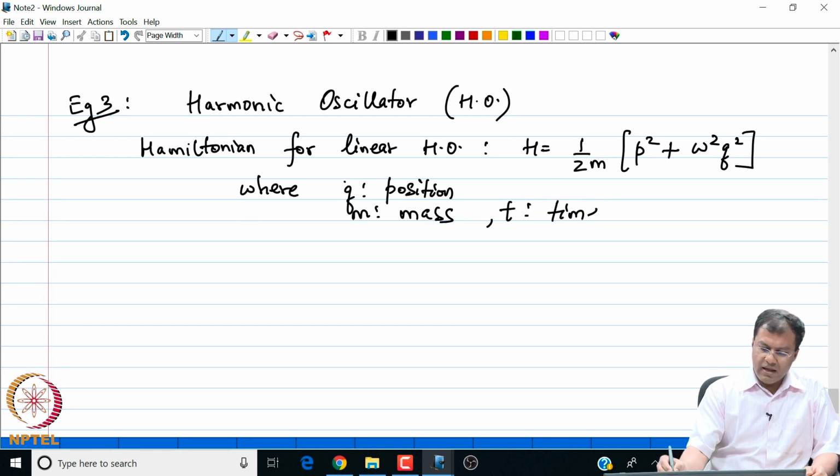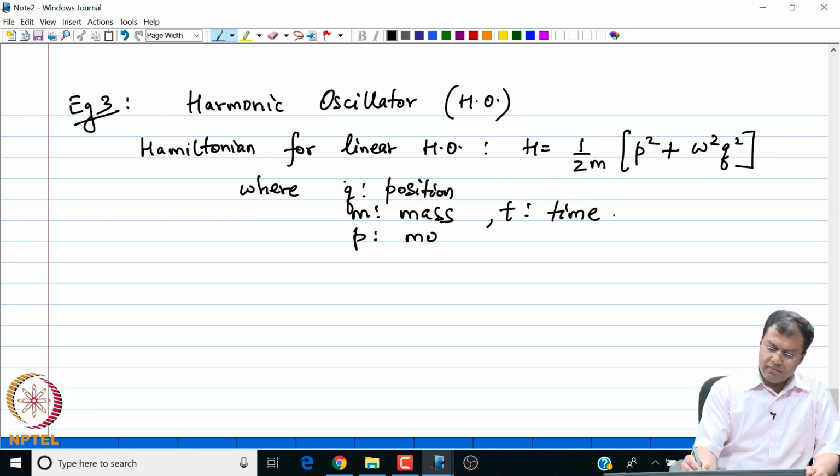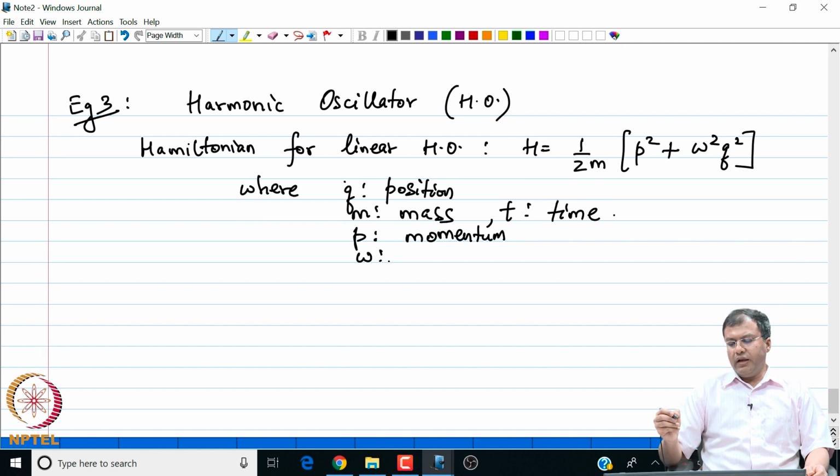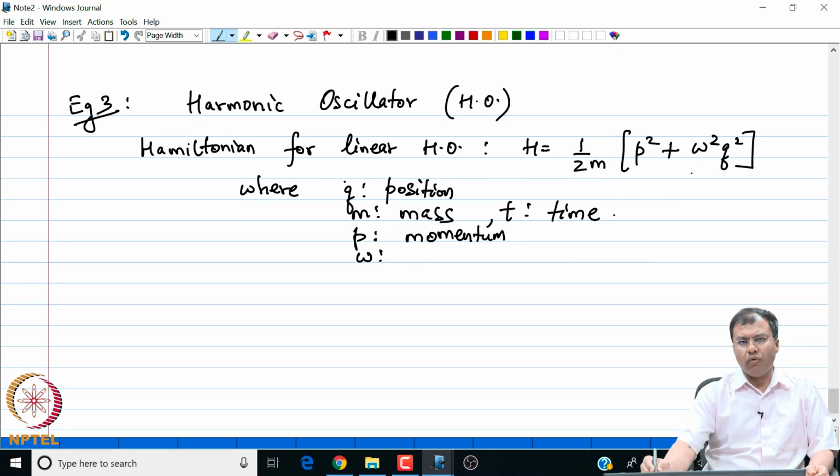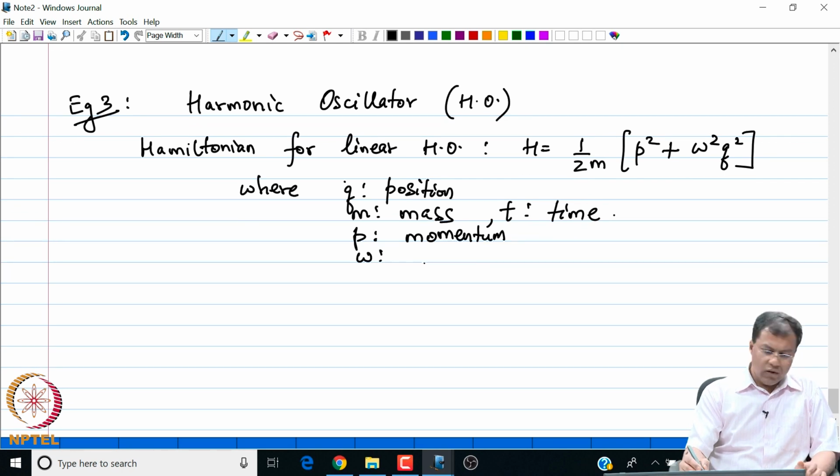So these are my variables. My p is the momentum, and my omega, in Newtonian mechanics, denotes a physical quantity known as the angular velocity. Here we will denote omega to be a constant without going much into detail. So it's a constant.